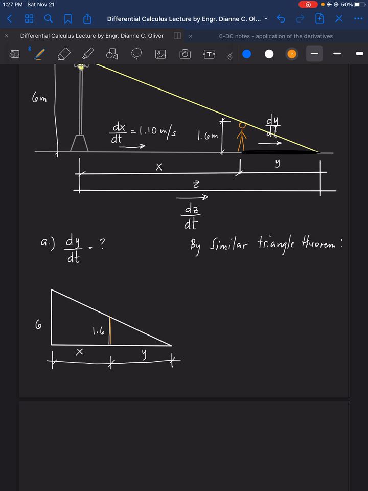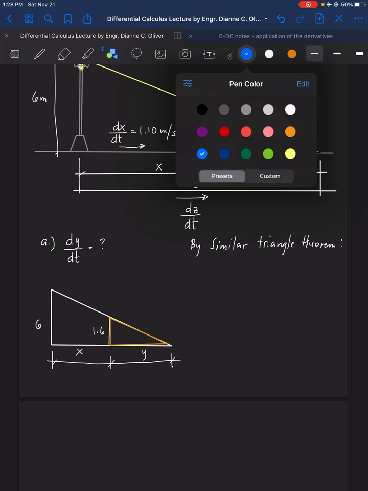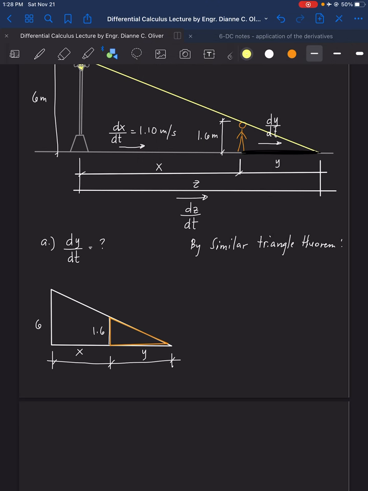This portion here. So this is my first triangle. Okay, so that's the first triangle, and the next triangle that I could use in the similar triangle theorem is this portion here.